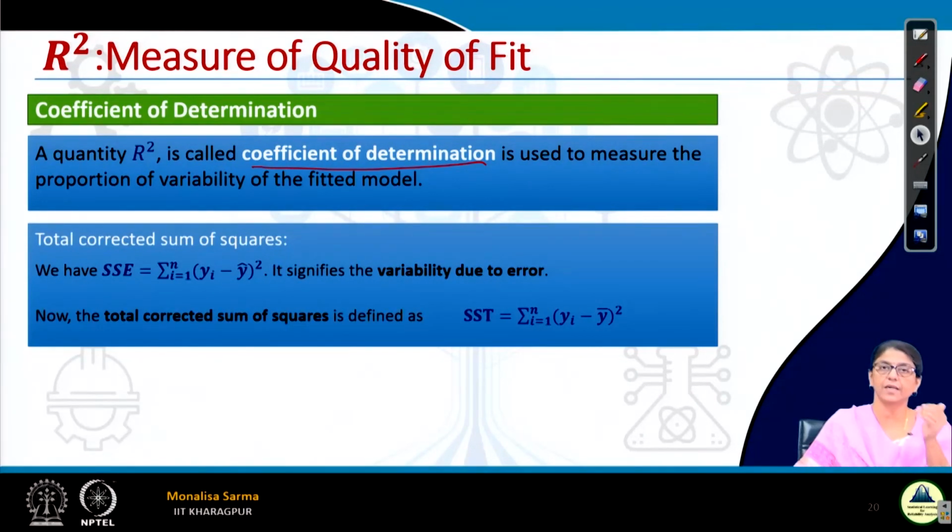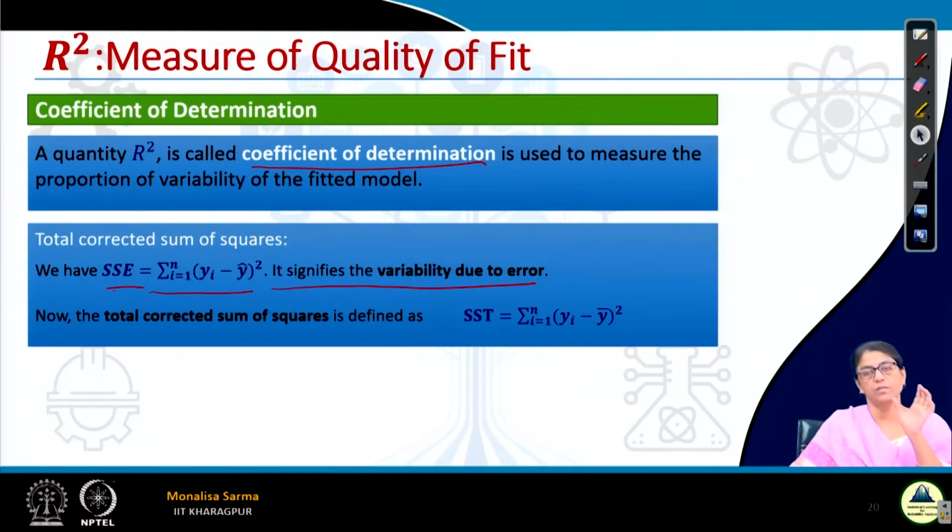One is SSE and another is SST. SSE signifies the variability due to error. This is the formula for SSE. We have just now seen it, isn't it? What is variability due to the error? It is basically how much is the error between the predicted line and the actual line. So, that is my sum of squares due to error.